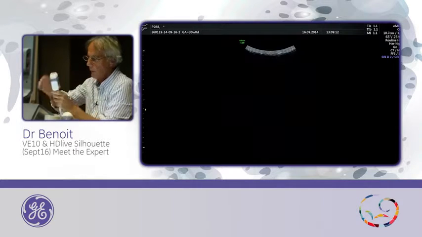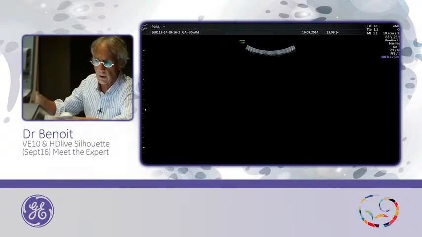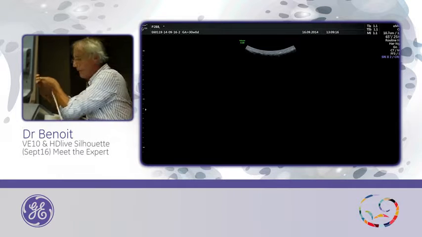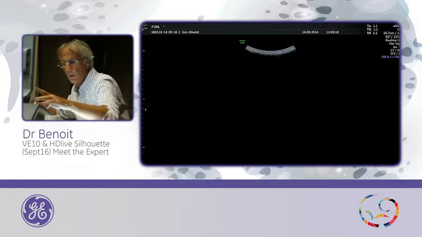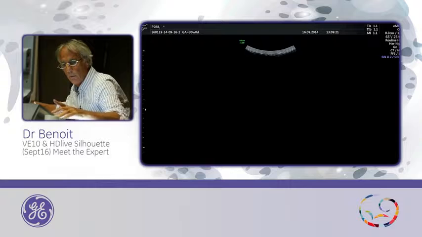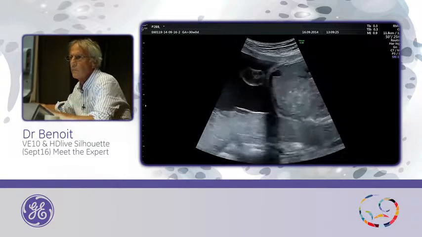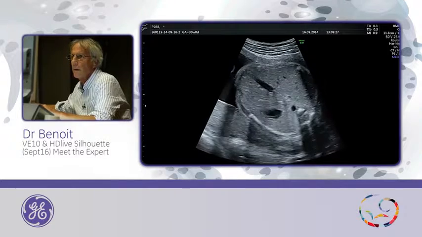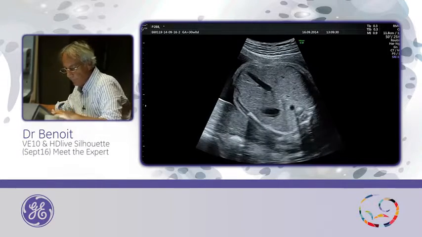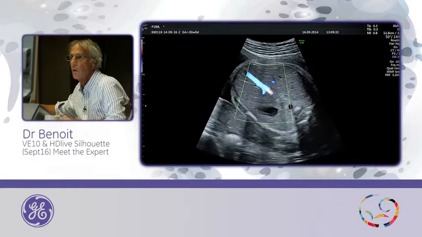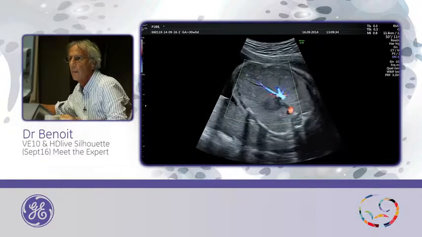If the baby is not moving, I will show you something nice: the vascularization inside the abdomen. Okay, so this is a portal vein, color Doppler.